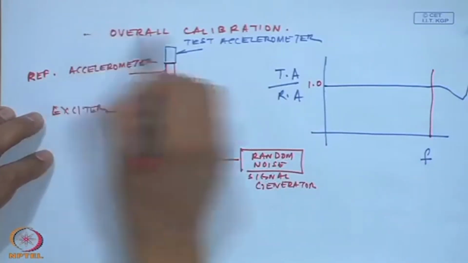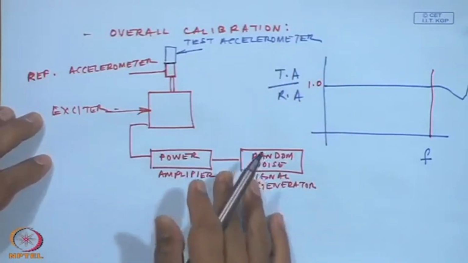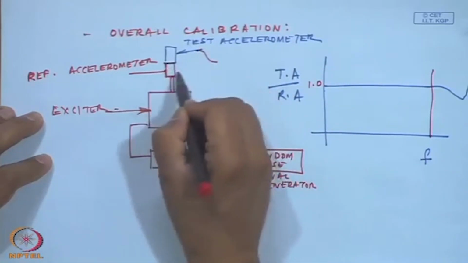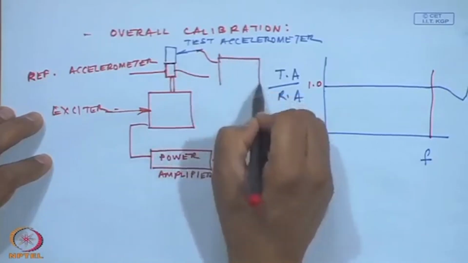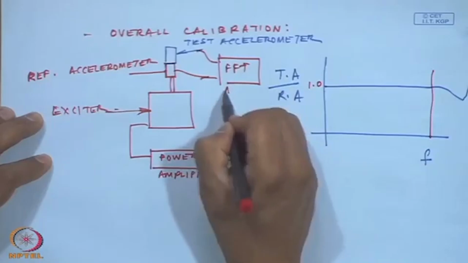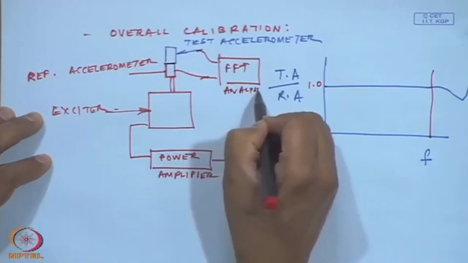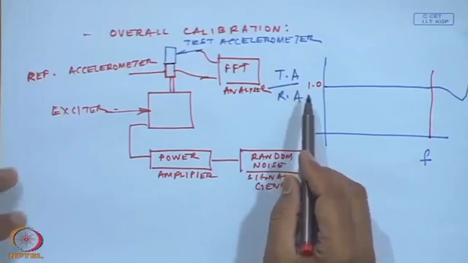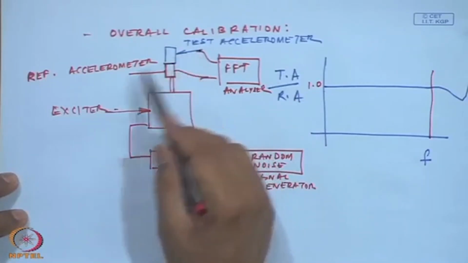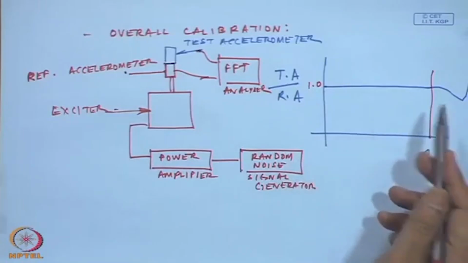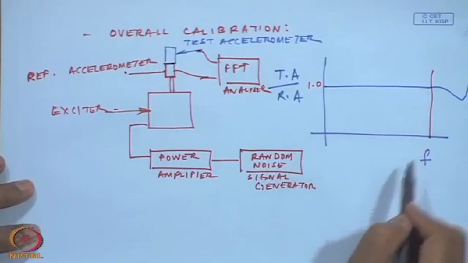This kind of calibration we cannot do in the field. Of course, these two signals have to be fed to an FFT analyzer, of course, important. You just see the transfer function between this accelerometer and this reference accelerometer, divide one by the other, they should be the same, and that is why you will get this one value of 1.